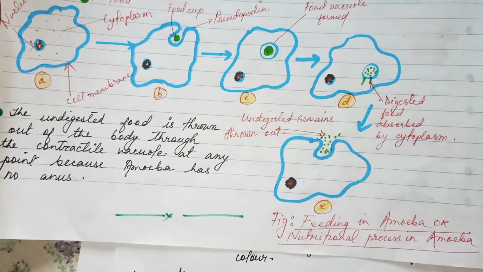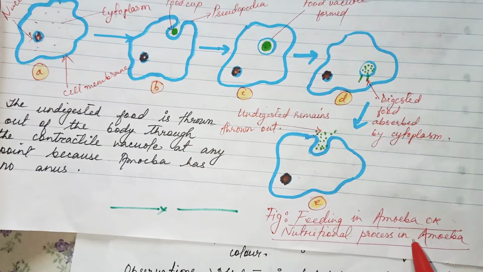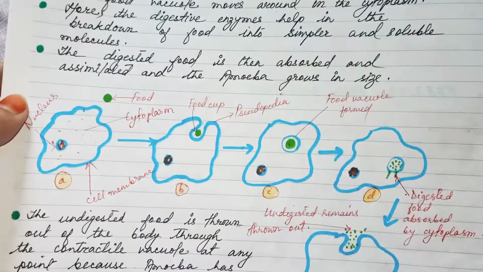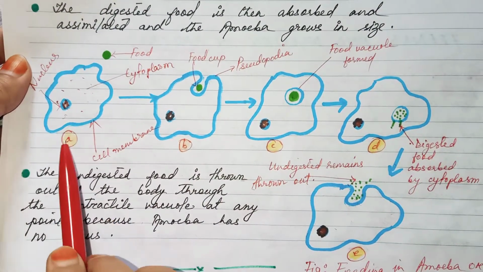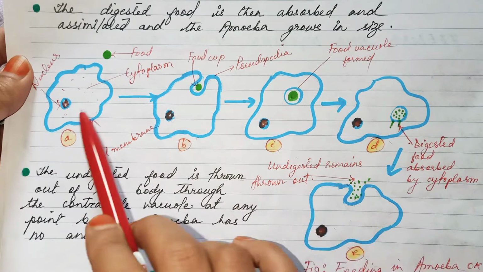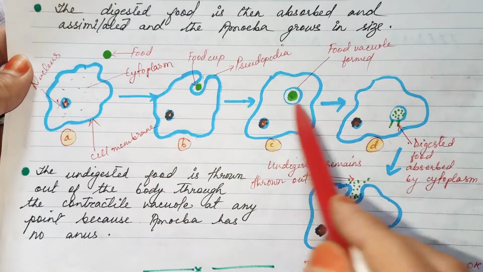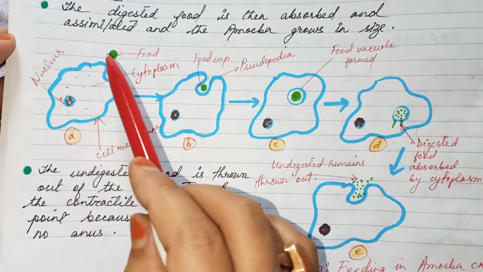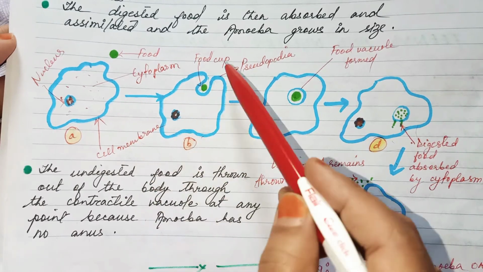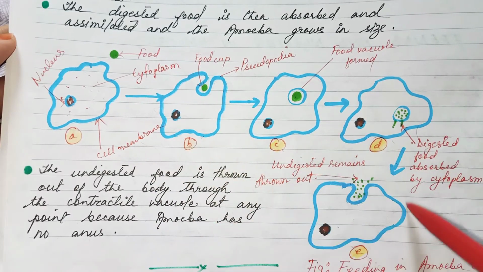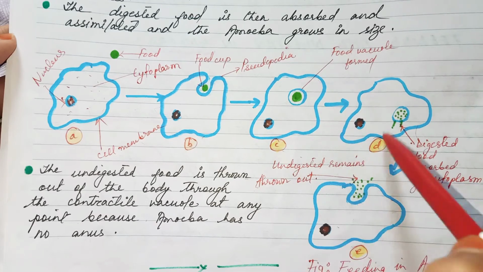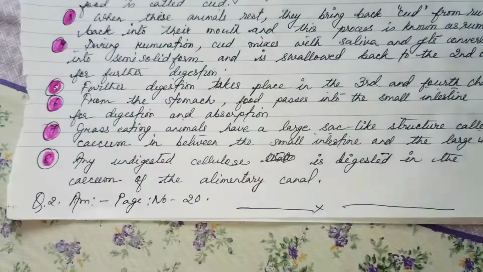On page number 20, this is the diagram. Here is given the feeding in amoeba, or nutritional process in amoeba. So you have to draw this diagram, A, B, C, D, E, all up to E, and you have to label it: nucleus, food, cytoplasm, cell membrane. So you have to label it this way. With the help of an arrow diagram, you have to draw the diagram for this answer.